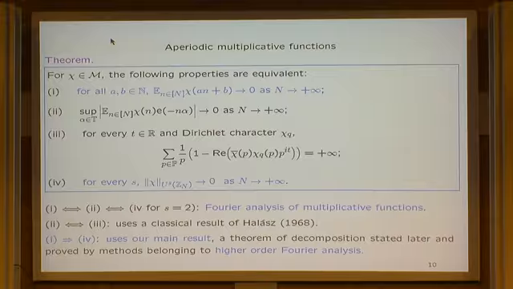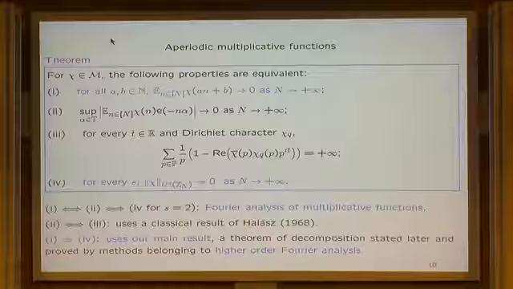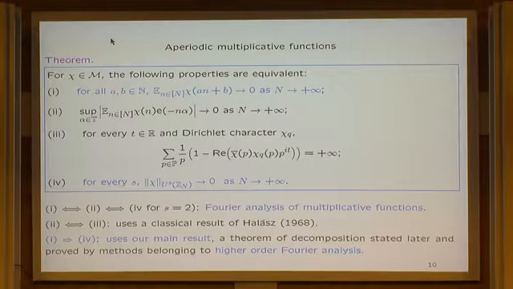I will comment a bit on condition three. In the language of Granville and Soundararajan, a function like that does not pretend to be the product of a Dirichlet character and n to the it.